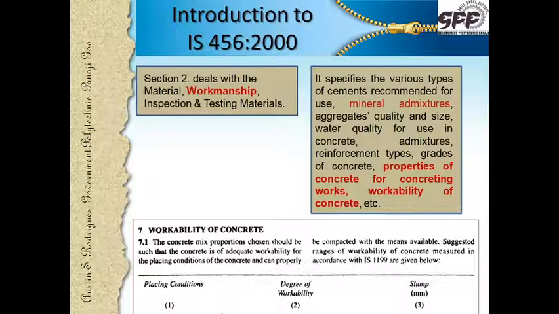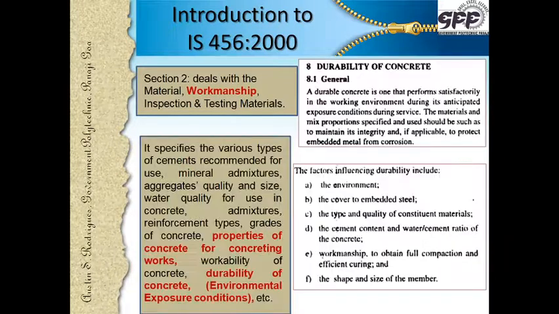So over here it discusses and defines the placing conditions, it talks about the degree of workability, and it tells about how much should be the slump. So these conditions have been defined in workability of concrete. Going further, we get another most important term, that is the durability of concrete. Now whenever we are doing any structure, any owner is more interested in durability of the structure.